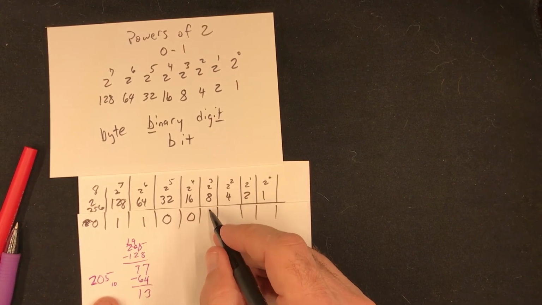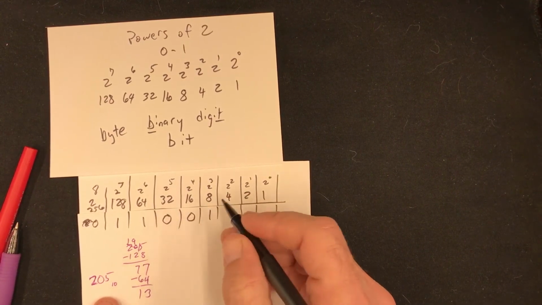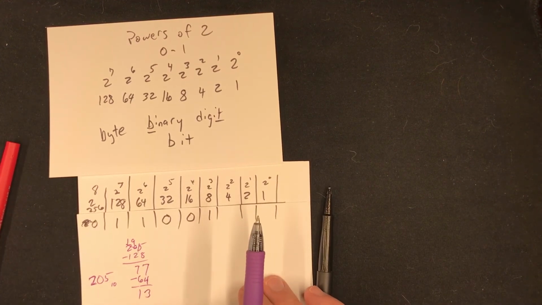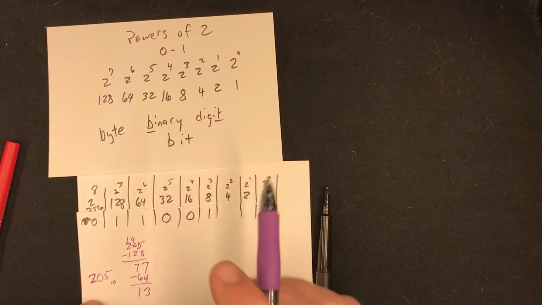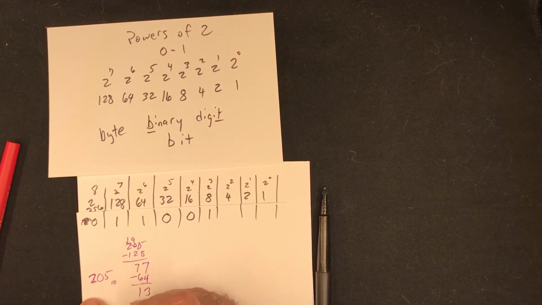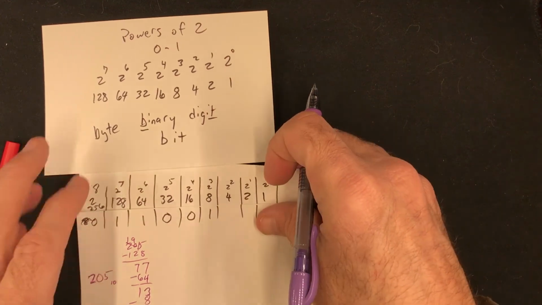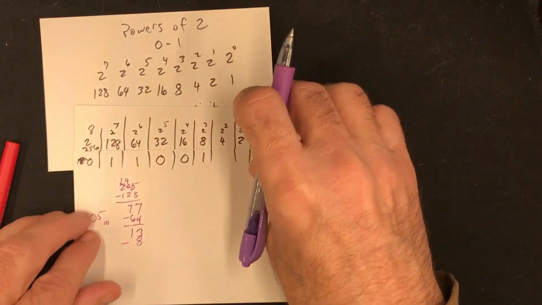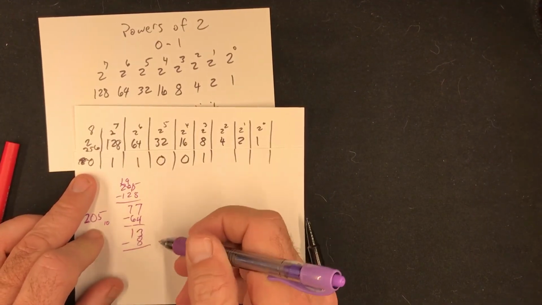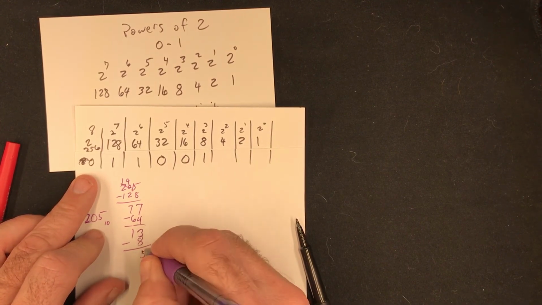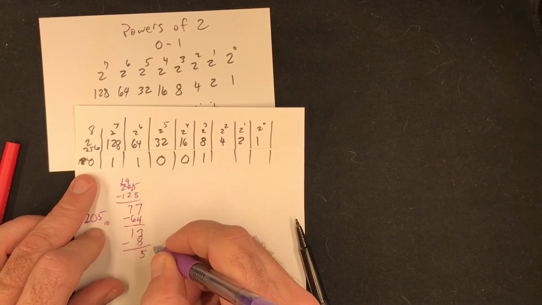Looks like we're going to use an 8 to express the 13. All right, so 13 minus 8. So that would be 5. 5 and 5 and 3 is 13.